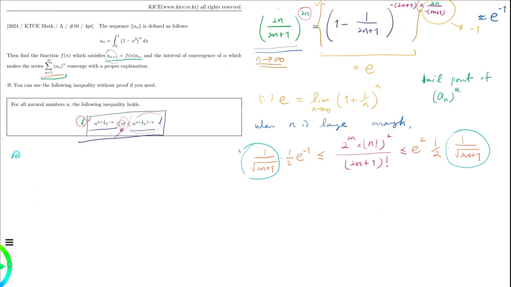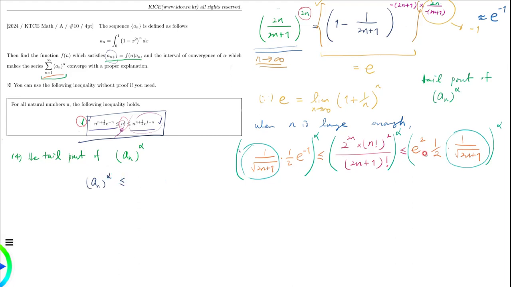So the last point, the tail part of a sub n, each quantity to the alpha power. When you take the alpha power on both sides, we have an interesting inequality.